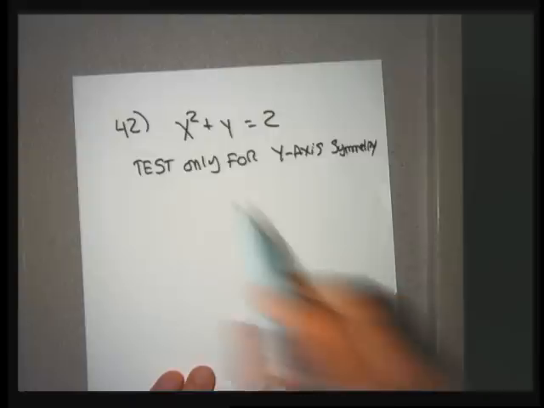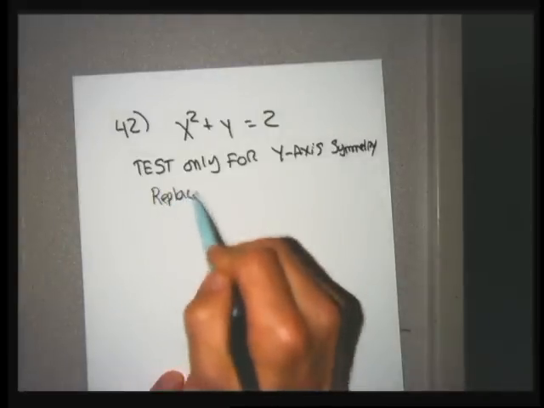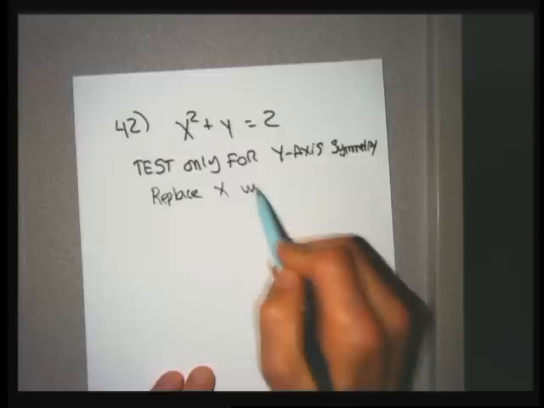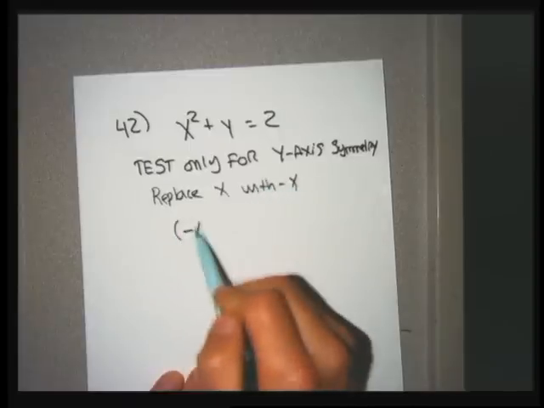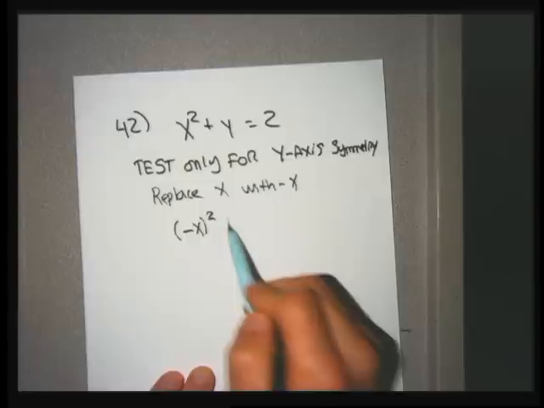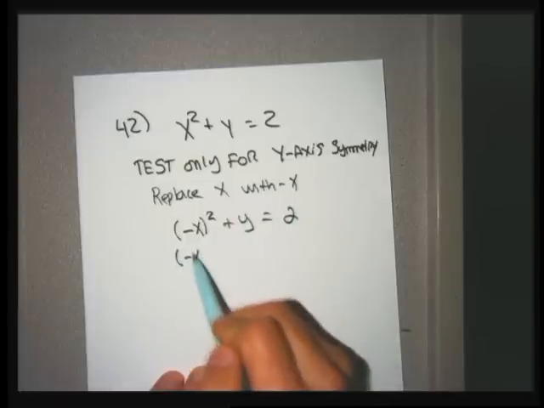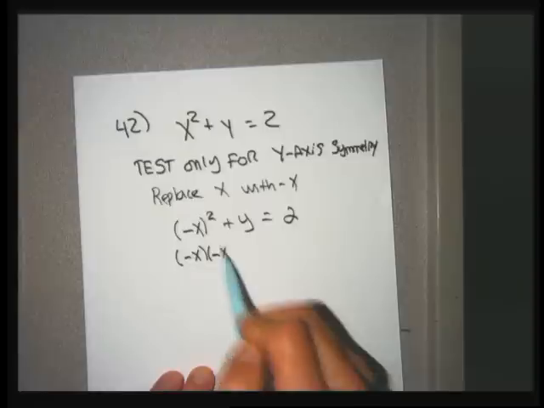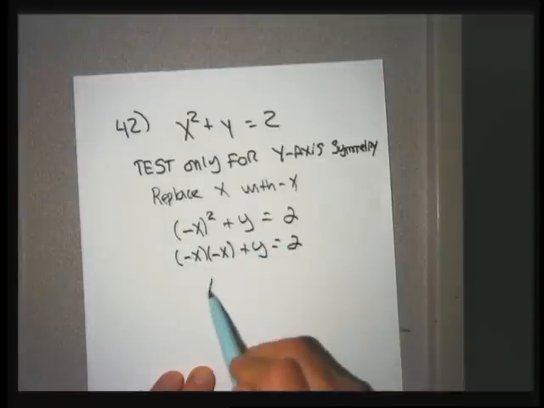Check for y-axis symmetry, I'm going to replace the x with negative x. So doing this, you'd get negative x squared plus y equals 2. Negative x squared is negative x times negative x. When you multiply 2 negatives, you get a positive.